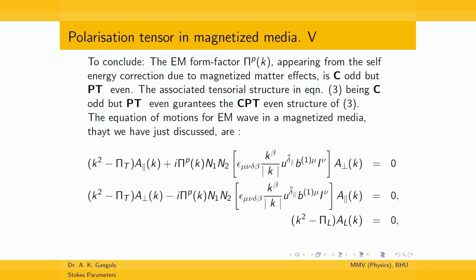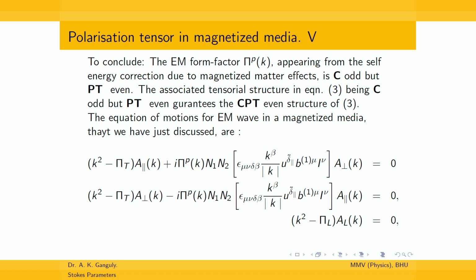So, to bring the whole discussion to a form, we see that the equations of motion finally can be reduced to 3 equations, and these 3 equations are independent of each other if there are no external fields present.